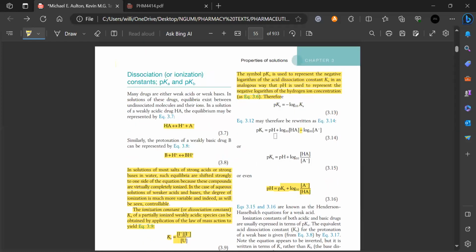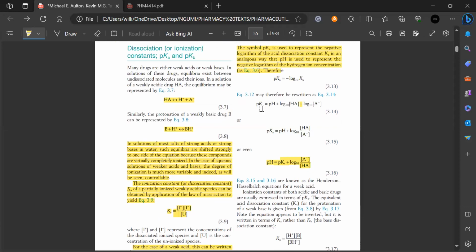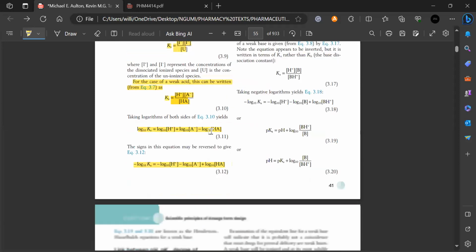It's still the same, sorry. So this equation is basically everything which was negative log, these first two now have p, and the others just stay as they are.